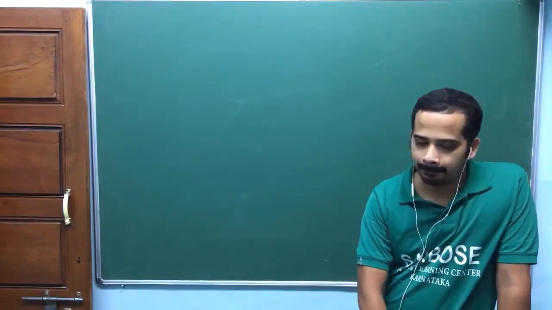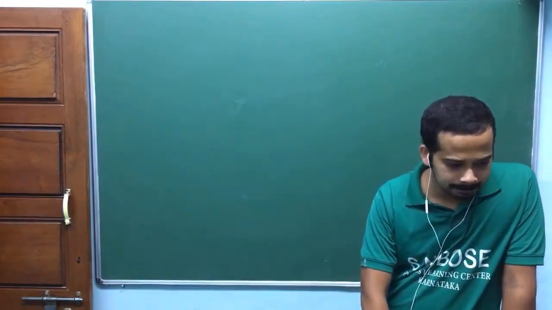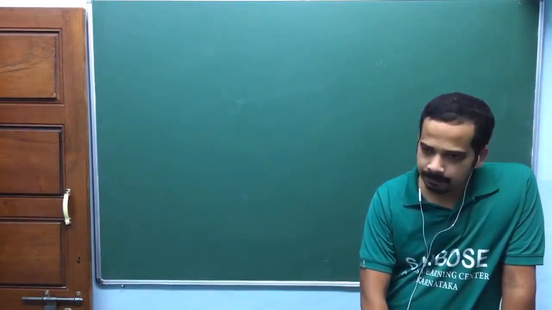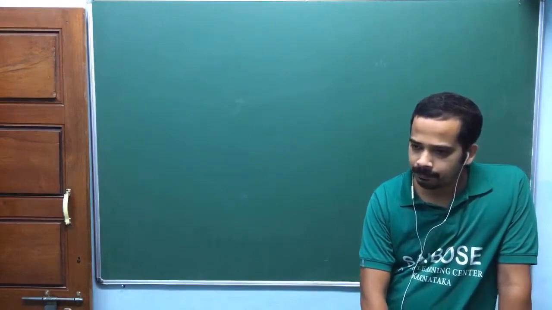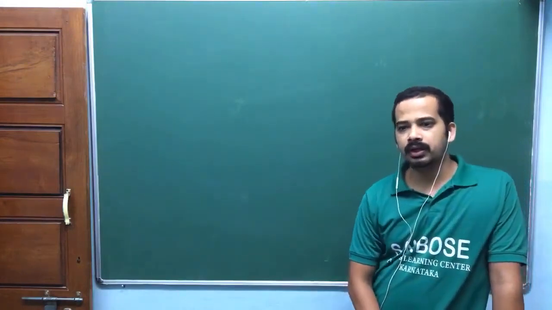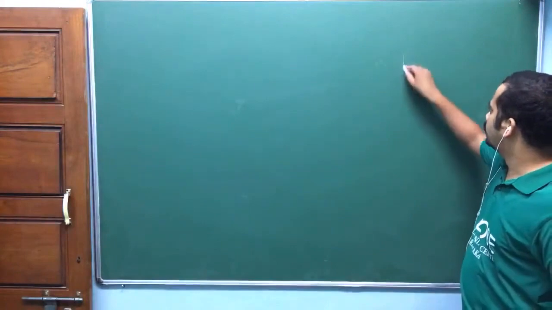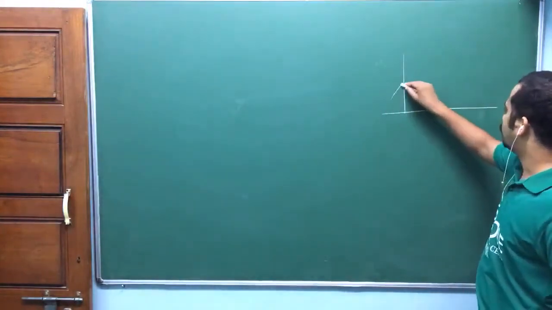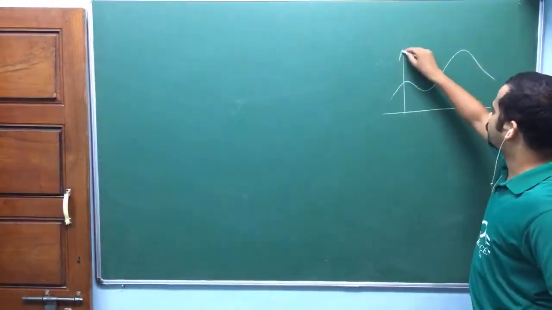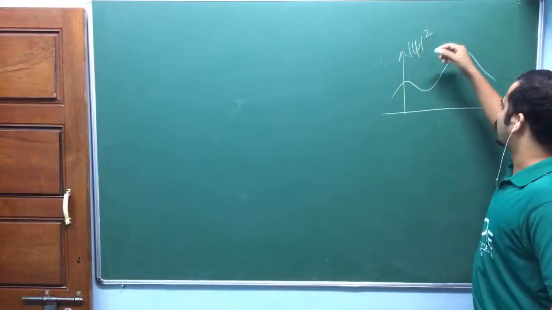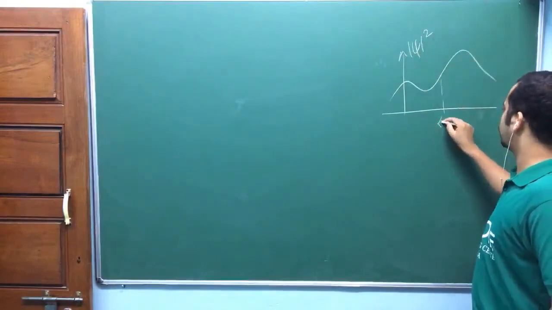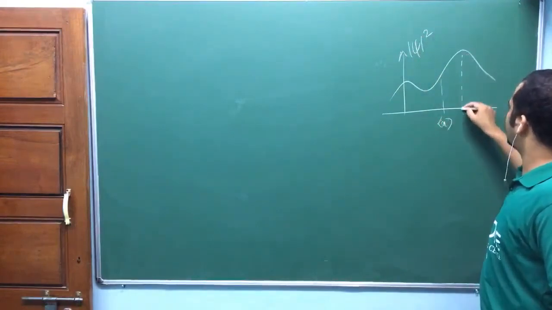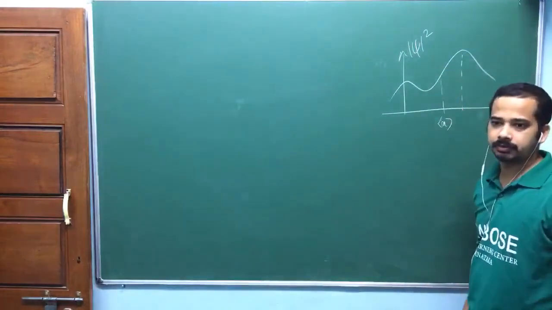What is the difference between the average value of the measurement and the most probable value of the measurement? Now again, look here. I told that in the mod psi square distribution itself. Your average x may be somewhere here, but this is where your probability density is maximum, isn't it?